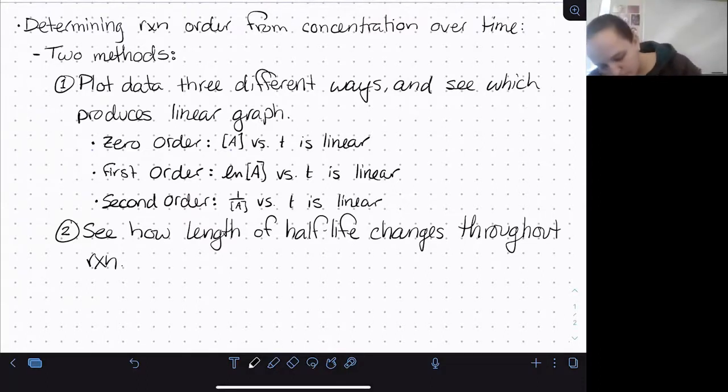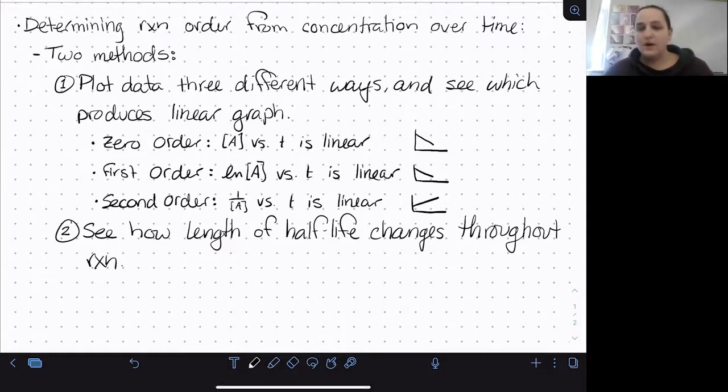One other little thing to note is that for zero order and first order, the linear plot has a negative slope, but for second order, it does have a positive slope. So essentially, one way that you can determine your reactant order is to take your concentration versus time data and plot that as is.